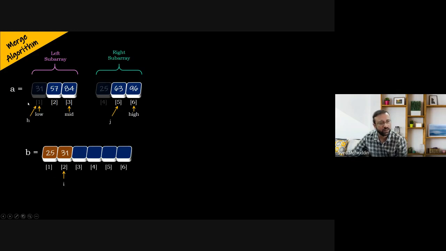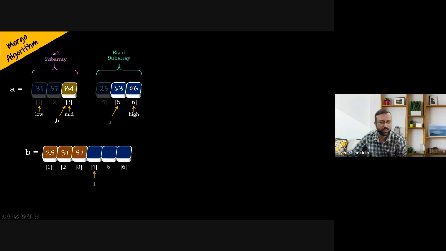Obviously 31 was stored, so we move h to the right; again i is also moved so that the next element can be stored. Now the element at h is compared with the element at j. Which one is smaller? 57. So 57 is stored, h moves to the right, and i also moves to the right.